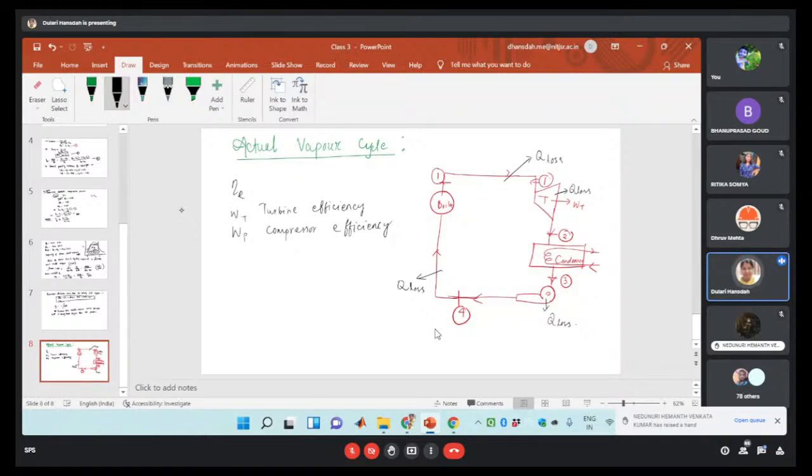If you remember, for the turbine work we were considering H1 minus H2 minus your Q loss. In that case, we were finding out the turbine efficiency.